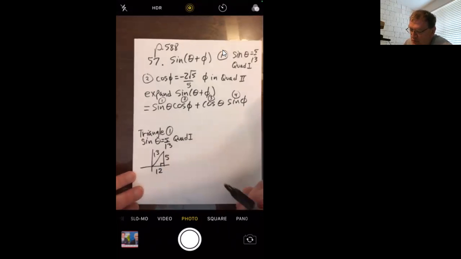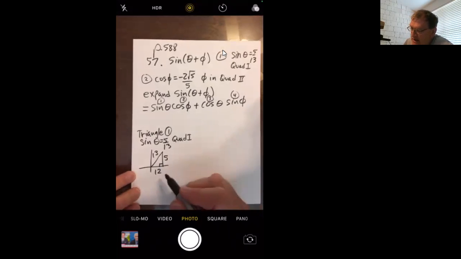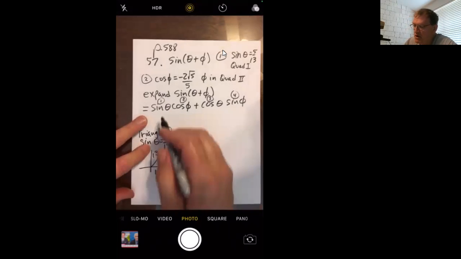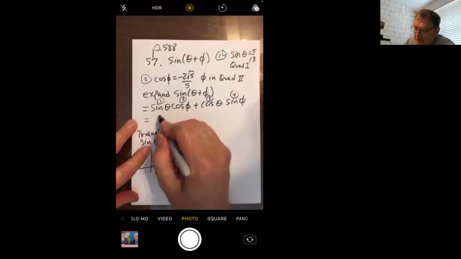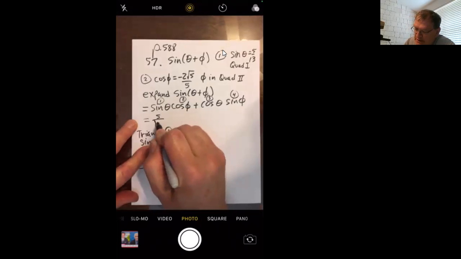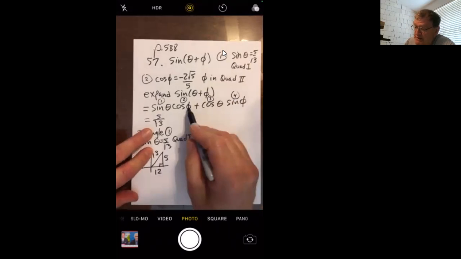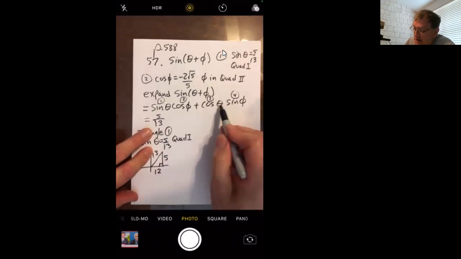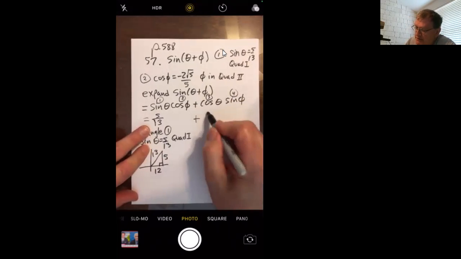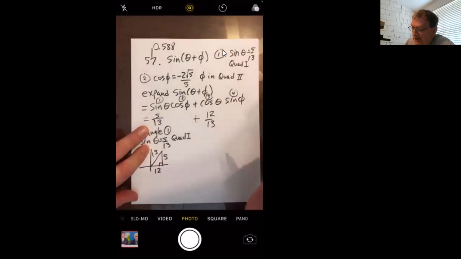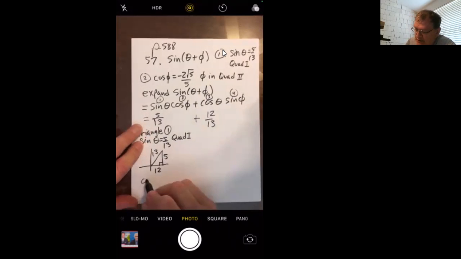Everything's positive, it's quadrant 1. All right, so that gives us piece 1, sine theta is directly 5/13. That was given. I don't know piece 3 till I do the second triangle. Cosine, no, piece 3, your cosine will be 12/13. Now, write down your cosine of theta is 12/13.